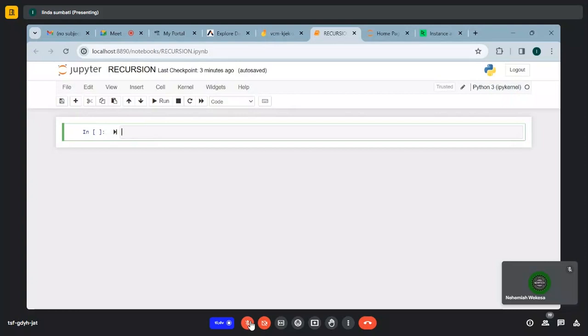Every time the function calls itself, it will be infinite. There will be no end. It can go on and go on and go on. That's why we need to introduce a base case.